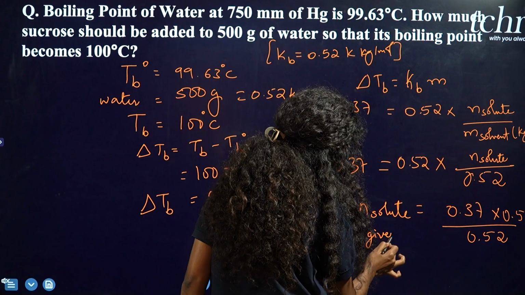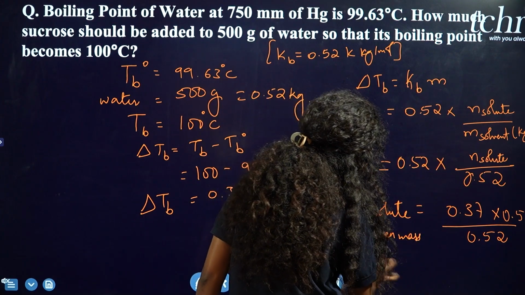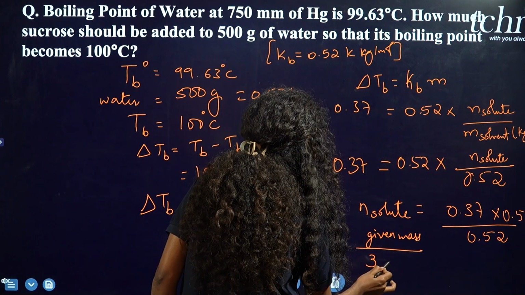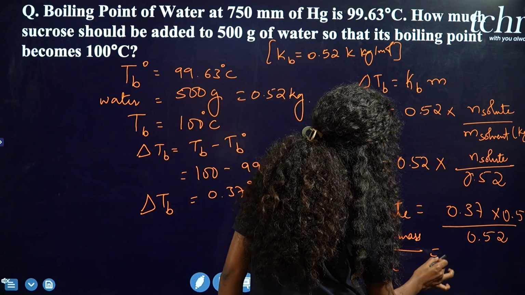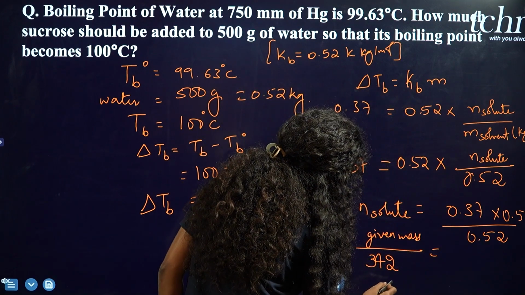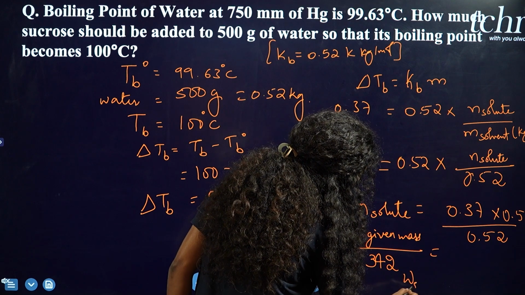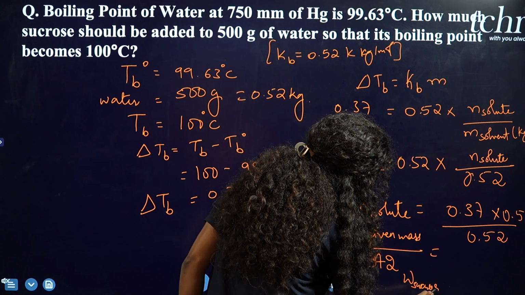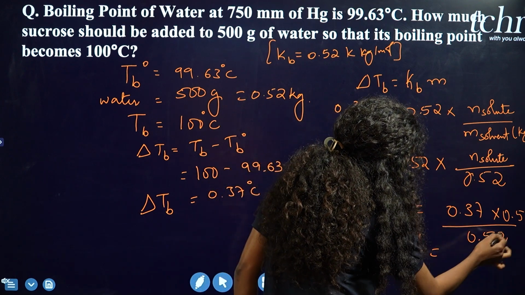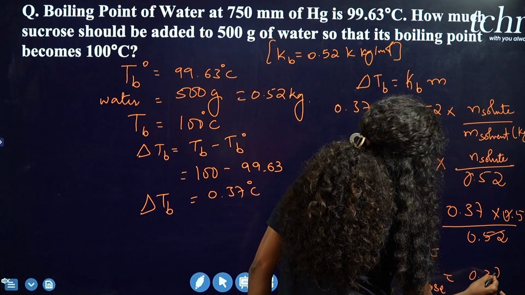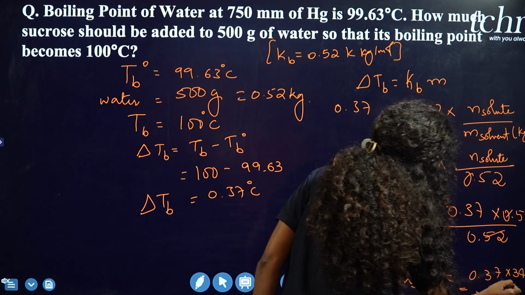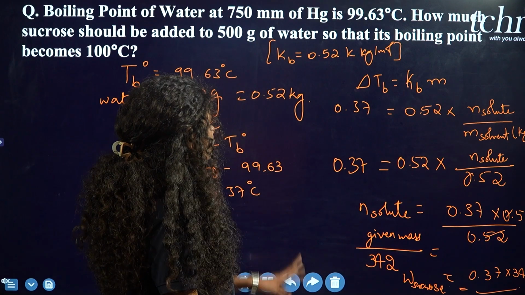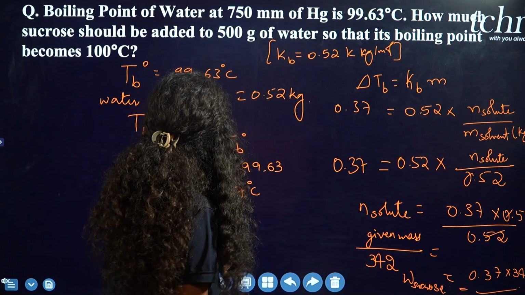Given mass I have to find, given mass divided by molar mass of sucrose. Already in the last numerical we did, it came as 342. So given mass of sucrose is equal to 0.37 into 342, which will be equal to, then if you multiply you will get the given mass of sucrose. Yes, so this is how you have to calculate.